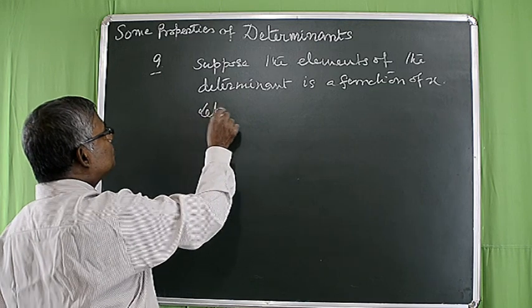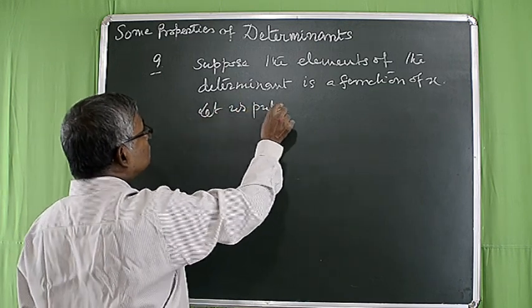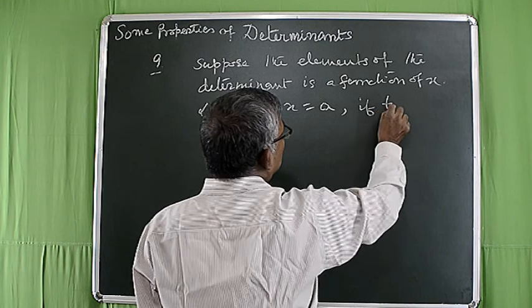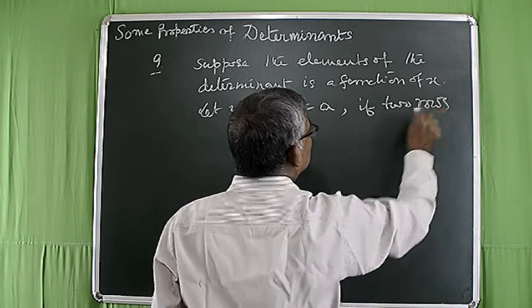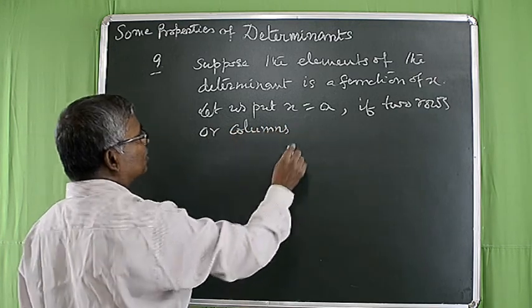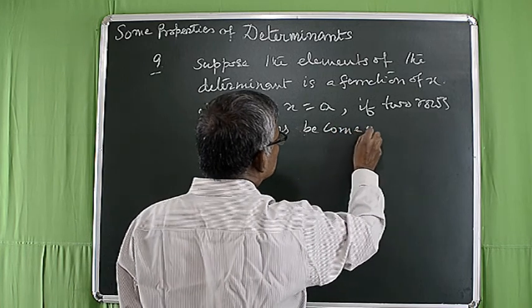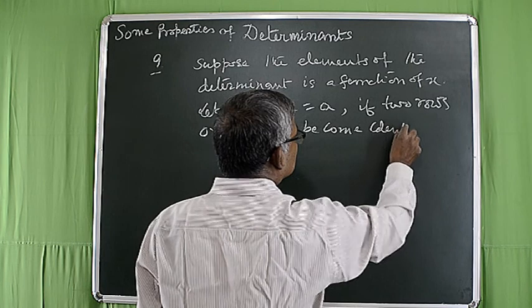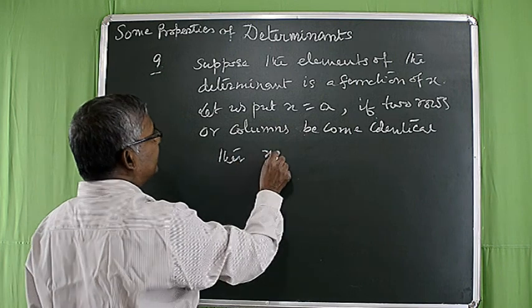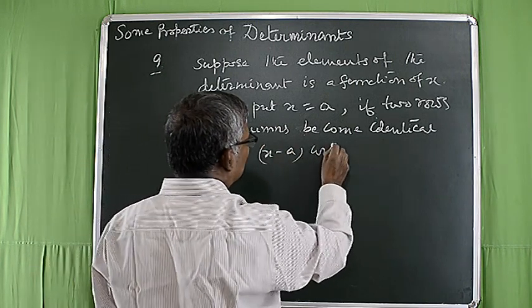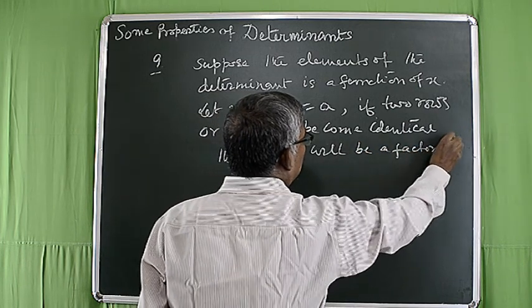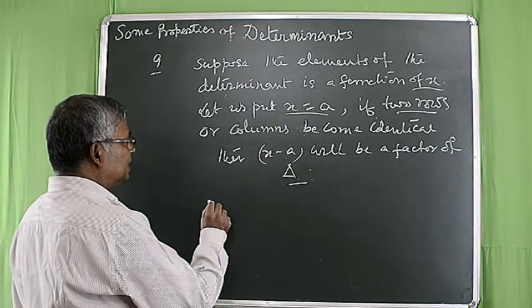Let us put x equal to a. If two rows or columns become identical, then x minus a will be a factor of del.